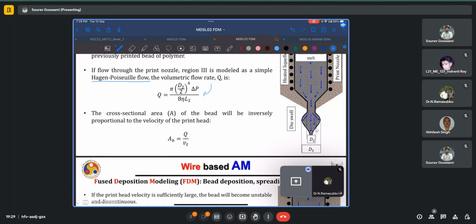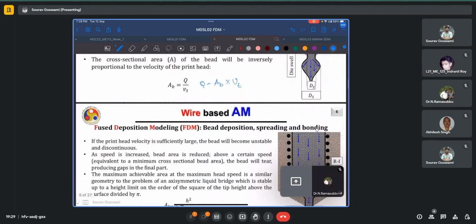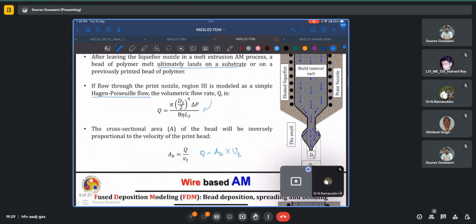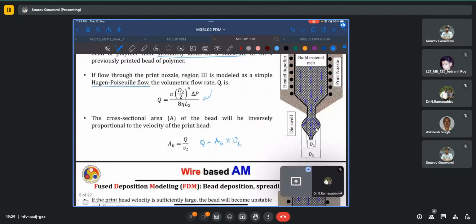So your flow rate is simply the area of the cross-section times the velocity with which it is flowing. If I know the flow rate from my calculations covered in the previous slide, where I know at what rate I'm sending the filament material into the liquefying region, I already know the volume flow rate. I know the speed, or the velocity, with which my deposition head is traversing. So I can easily calculate the cross-sectional area.